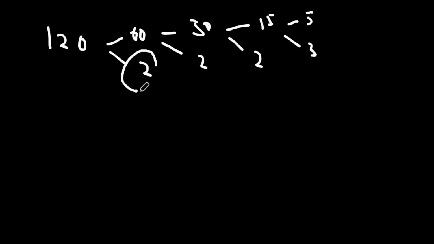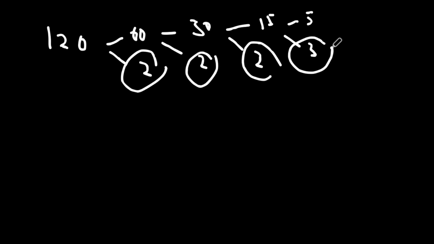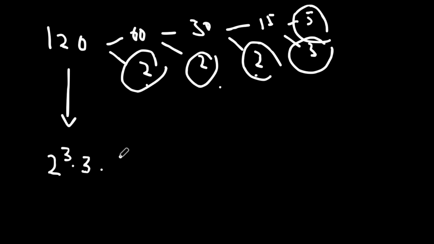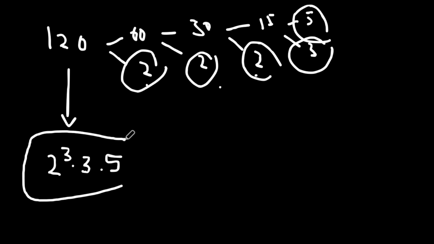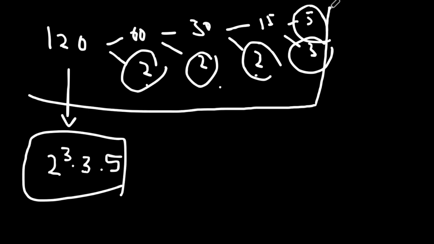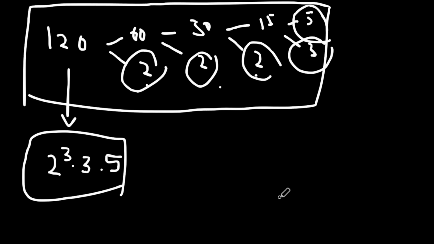So all these numbers that cannot be divided any further, they are the prime factors of 120. So this will be 2 to the power of 3 times 3 multiplied by 5. And this is what you call a factor tree. It's quite simple, really. And you can do this for any numbers, really.